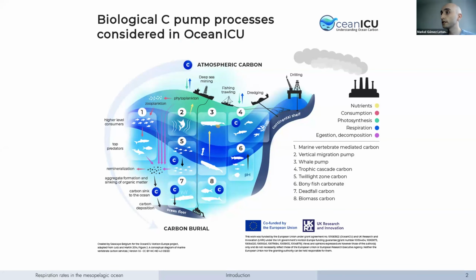Among the processes influencing this biological carbon pump, we have an important one, which is respiration by heterotrophic organisms, which consume part of this organic matter that is being transported downwards, and thus attenuate the carbon flux to the interior of the ocean.